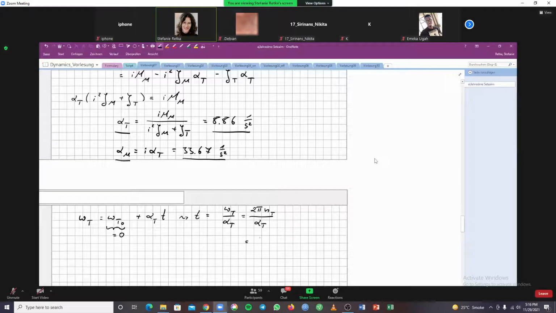Then this is 2 pi times 250 over 60 seconds, divided by 8.86 per square second, and this is 2.95 seconds. Okay. Any questions?